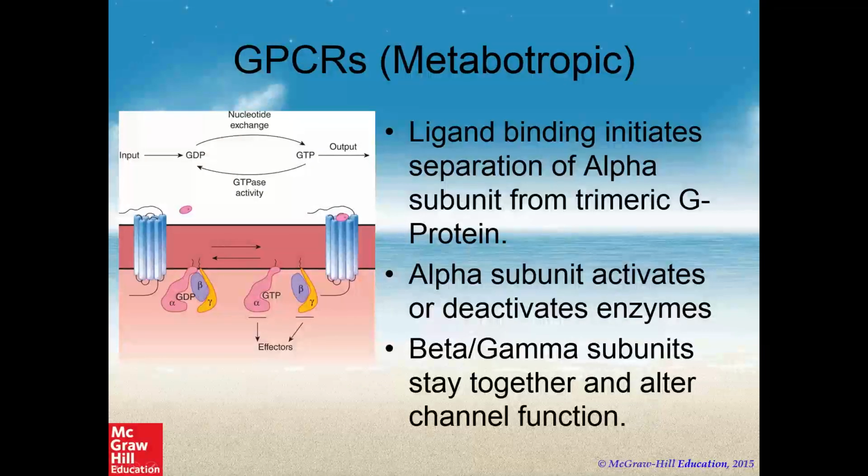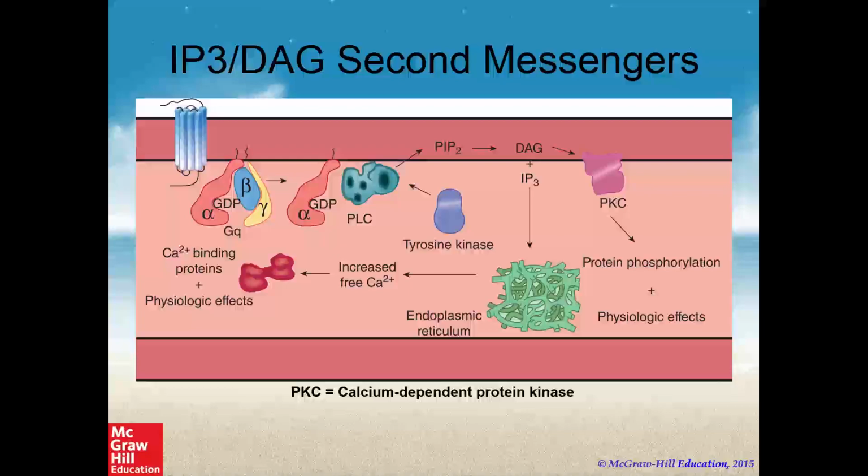G-protein coupled receptors. I've gone through this, and this is something we're going to go through in more detail. Comes in two forms. The IP3 DAG system, where a ligand binds to a receptor. The alpha subunit, the G protein, is called a G sub Q. So this alpha subunit associates with phospholipase C when it's released.